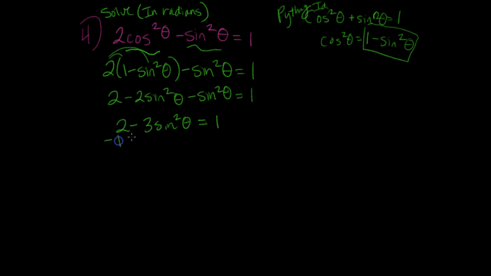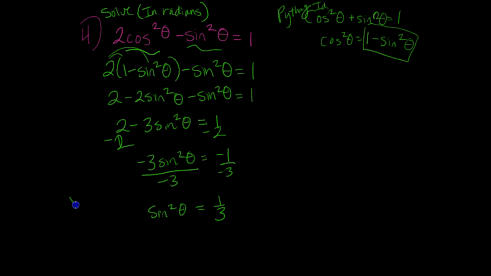I'm going to subtract the 2 from both sides. So now I have negative 3 sine squared theta equals negative 1, and divide by negative 3. So that gives me sine squared theta equals 1/3.